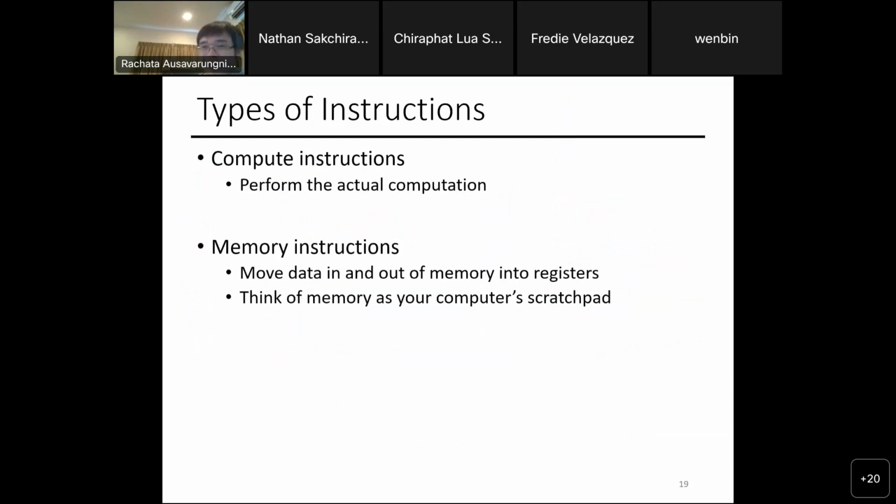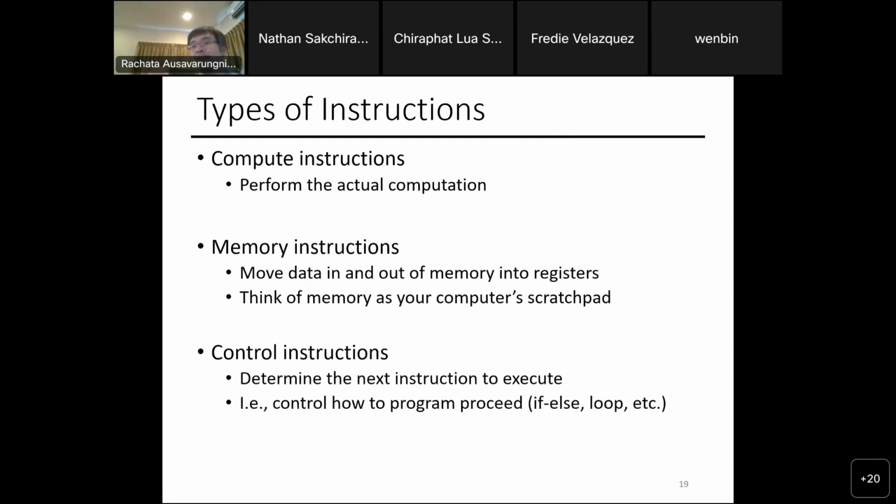There's memory instructions that move the data in and out of memory, so that the processor can process your instruction. Then there's control instructions. These dictate what the next line is. If there's a for loop or an if-else, how do you go to the if or to the else?